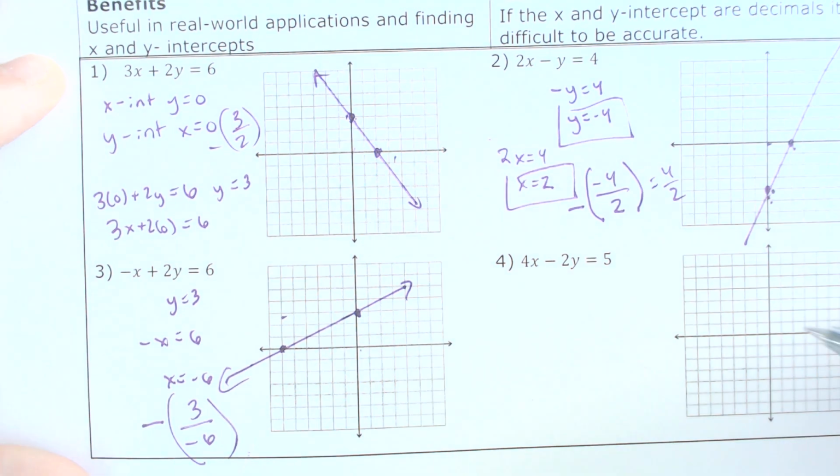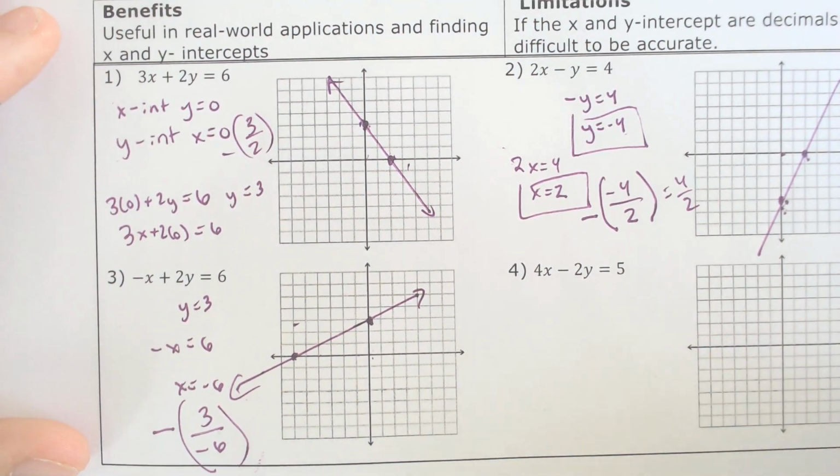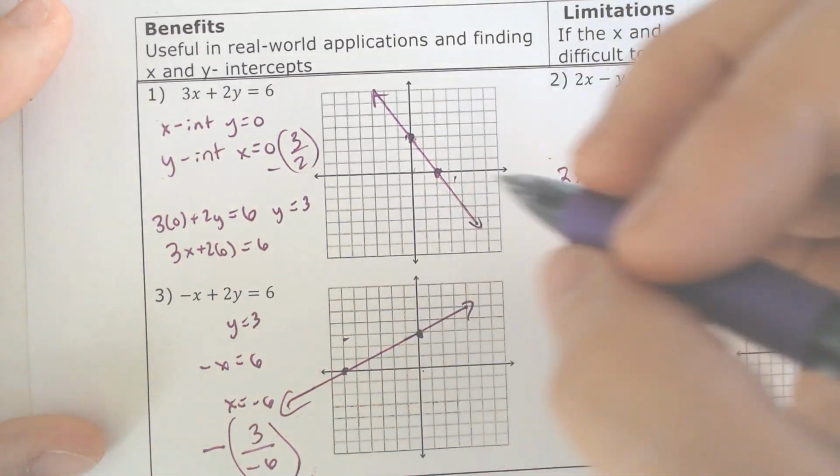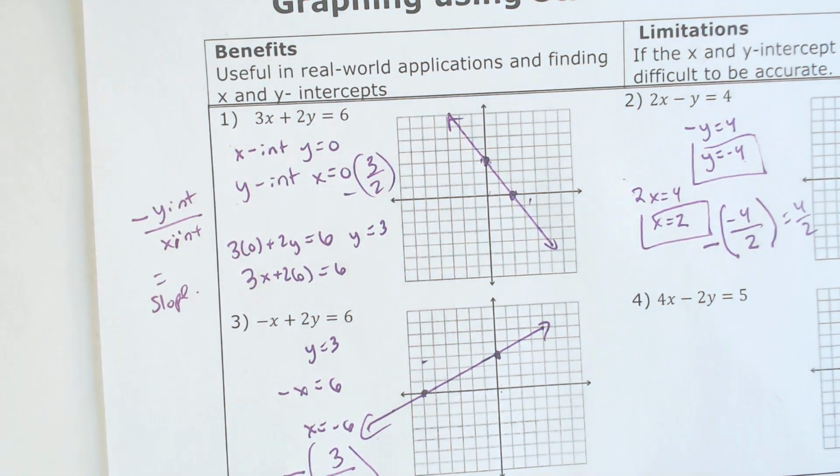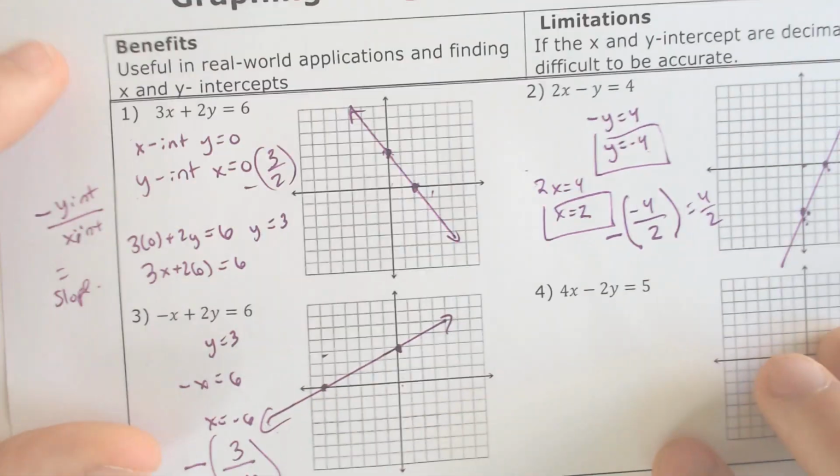So if we did 3 over 2 and made it negative, it would also give us our slope. So that tells us something that we're going to want to memorize maybe, that our slope is our negative y-intercept over our x-intercept. Okay, that's kind of neat. Neat little trick that you could use.